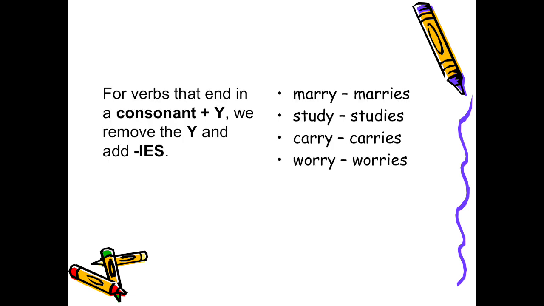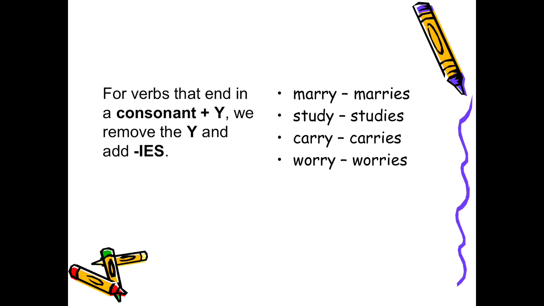Okay. Next, for verbs that end in a consonant plus y, we remove the y and add ies. So the y has a consonant in front of it. You can see that in marry, you're having a consonant in front of the y. So when you're having a consonant in front of a y, you will be adding ies when you are going to use it in the third person.